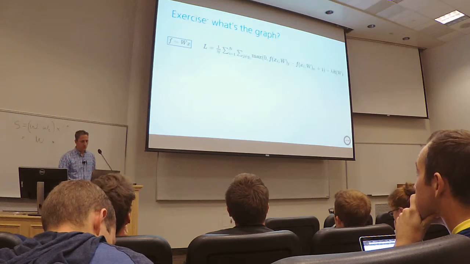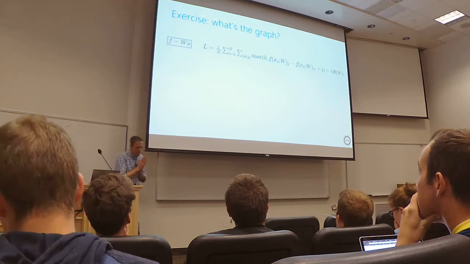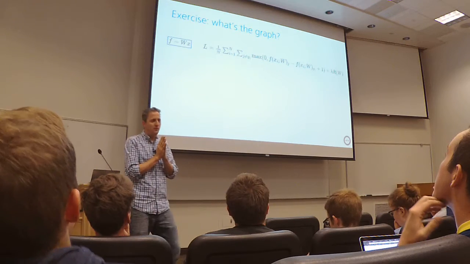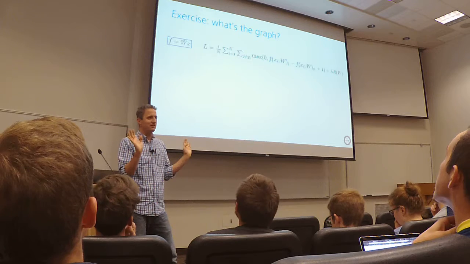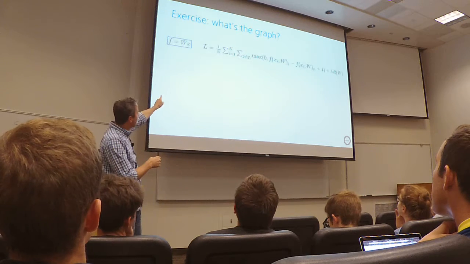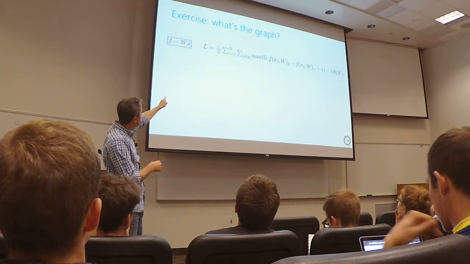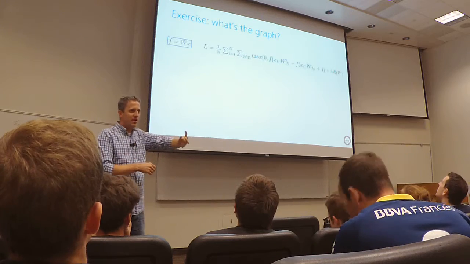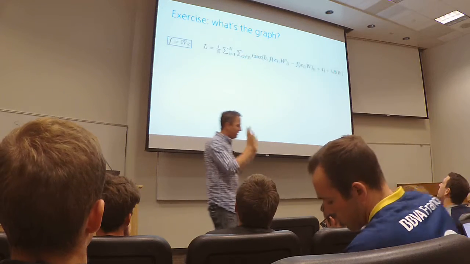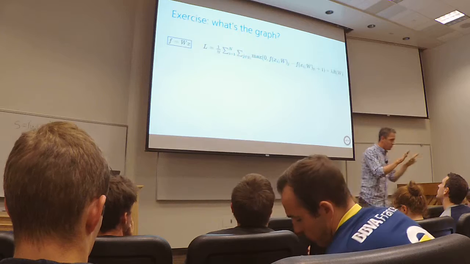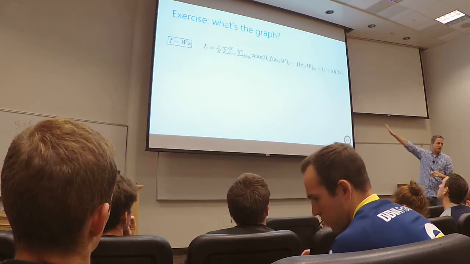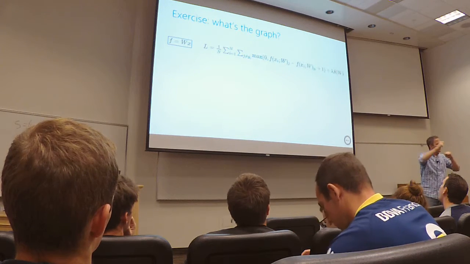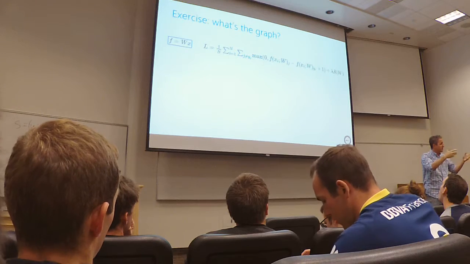Now I'd like you to talk to your neighbors, and I want you to noodle on this. So now you know about computation graphs. That was it, literally, that's all it is. I would like you to diagram the computation graph for this. So don't get scared. Here are the rules of what I want you to do. Take a look at this expression, and just try to diagram it at the same level of complexity that I just showed you.